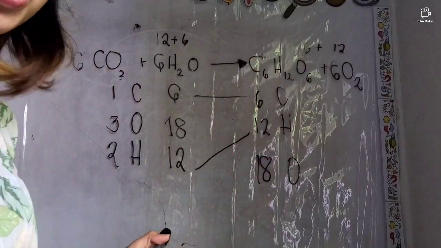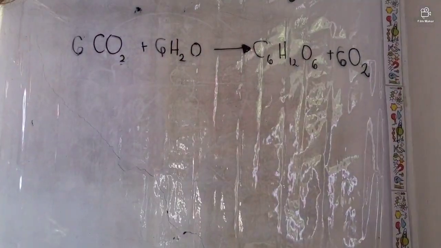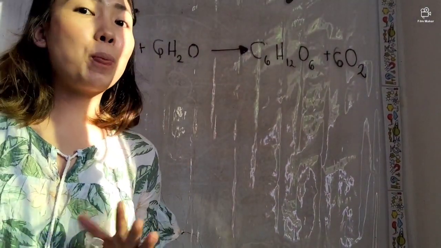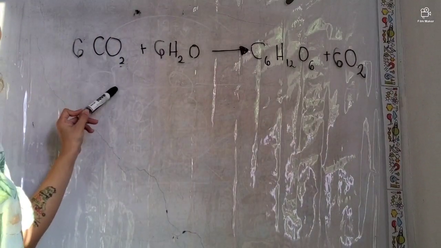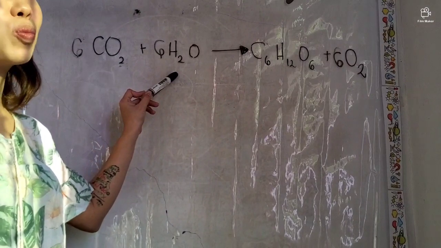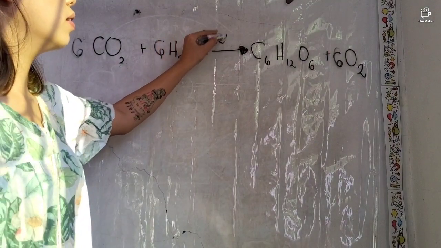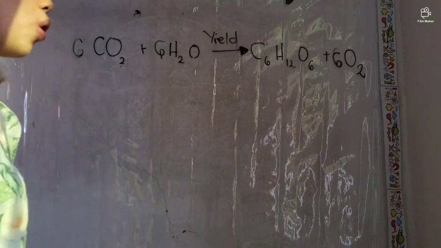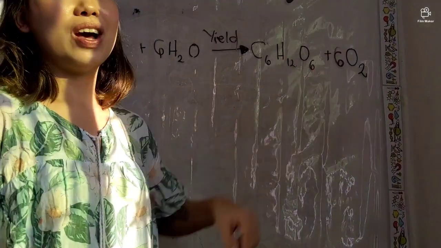So, what happens now is our equation for photosynthesis will be 6 carbon dioxide plus 6 water will yield. When we say yield, it will produce or have a product of glucose plus 6 oxygen.